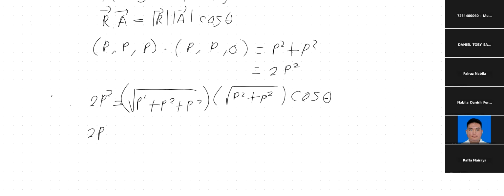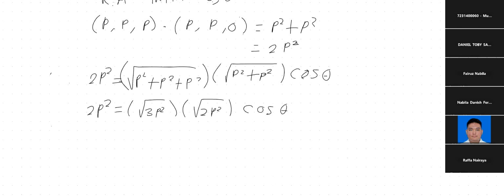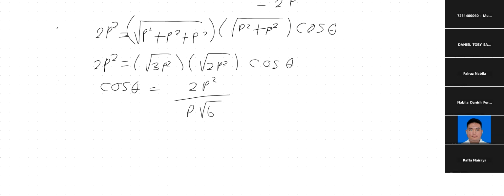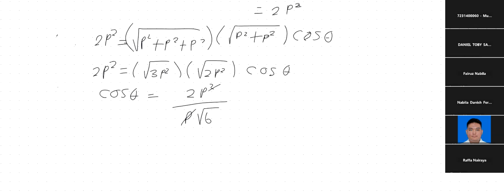So what you get is, the P goes out, and then 3 times 2, so this is P over 6.